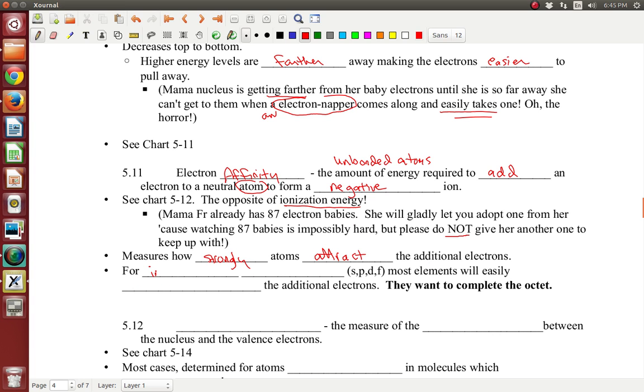For incomplete sublevels, like s, p, d, and f, most elements will easily accommodate the additional electrons. They'll easily take them. They want to complete that octet, magic number 8. Okay?